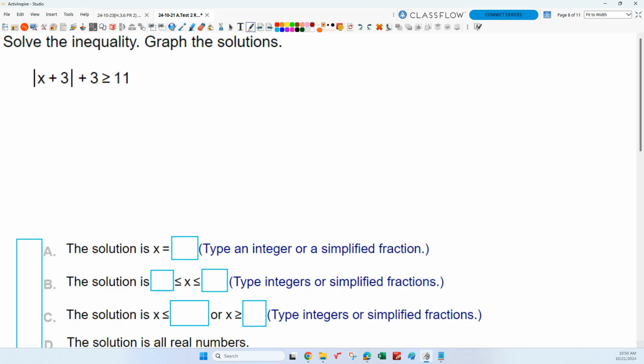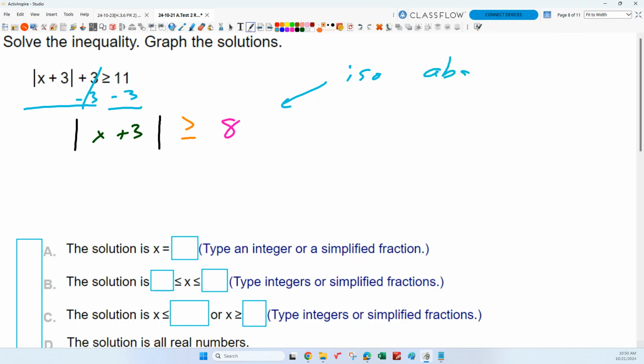So step 1, we're going to subtract 3 from both sides, and we get the isolated absolute value of x plus 3 is greater than or equal to, that's important, 11 minus 3 is 8. So there's our isolate the absolute value step.